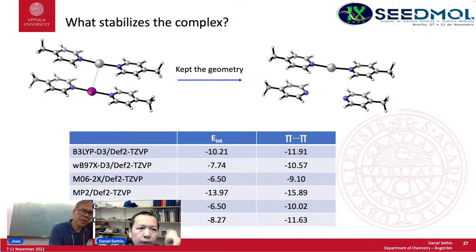The local mode also shows that there is a possibility of this silver and iodide interaction, a weak one. I understand that there is a pi interaction here. Yes, correct, and the local mode shows this interaction. The local mode also shows that the pi-pi interaction is larger compared to the silver iodine interaction.